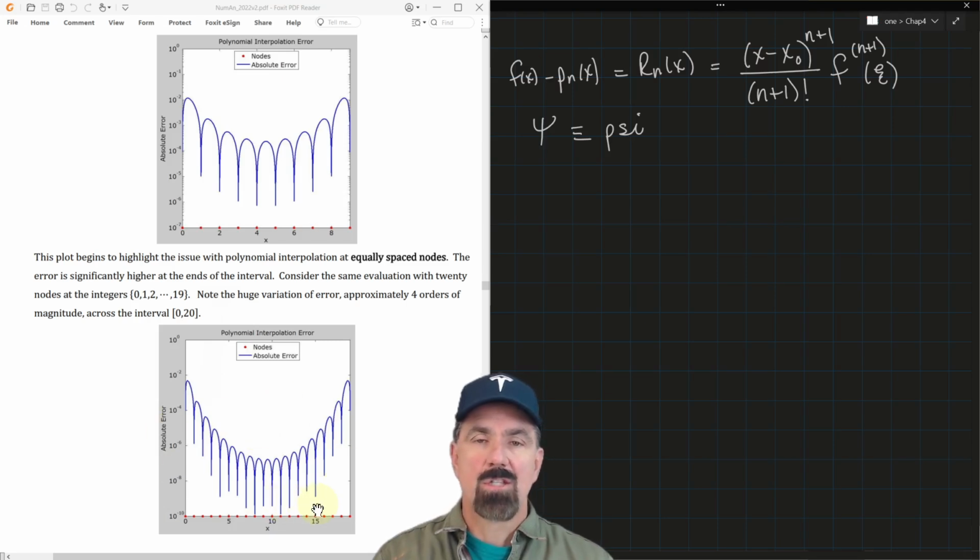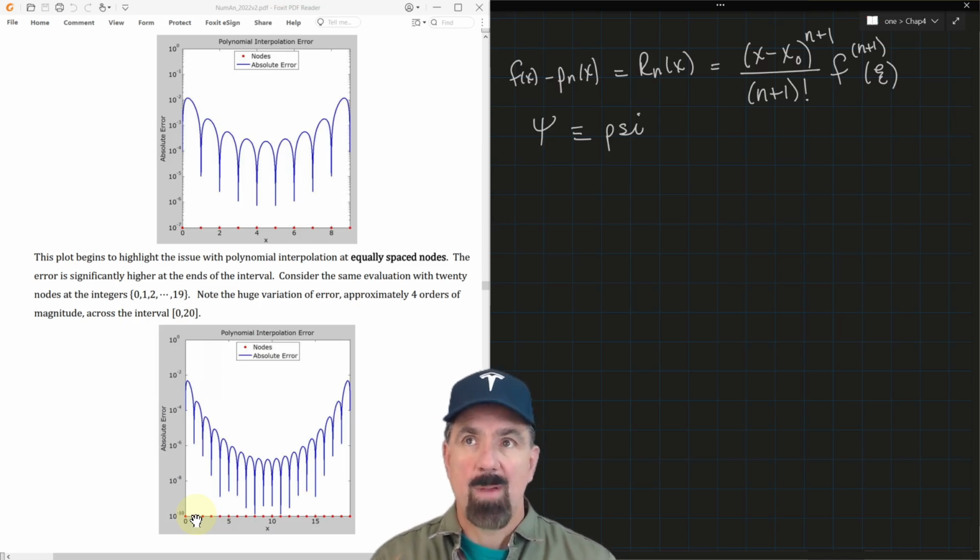And this is the reason why polynomial interpolation using equally spaced nodes, so that's important, everything we've done so far is using equally spaced nodes, it's the reason that it's so bad is because out here at one end of the interval, we have the factors built from the other side which have really large numbers in them by comparison. So let me expand on that a little bit.